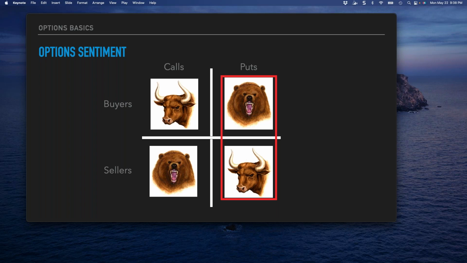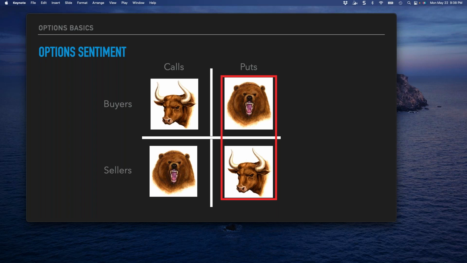Again, pocketing the difference between the stock's current price and 25. That's why the put buyer's sentiment towards the underlying stock is bearish, whereas for the put seller, their sentiment is bullish. They are expecting that instead of going down, the stock is going to go up.